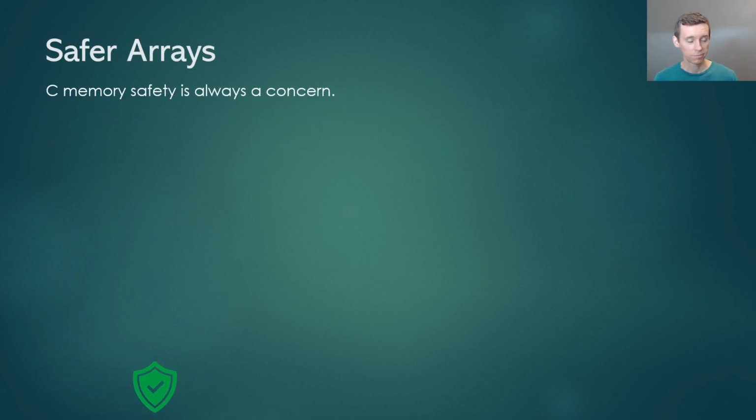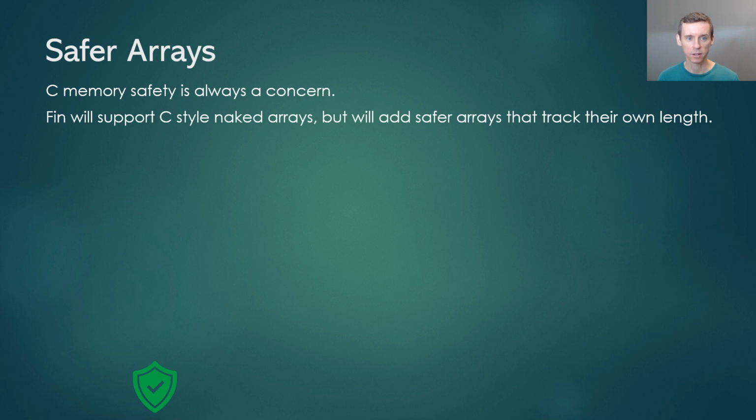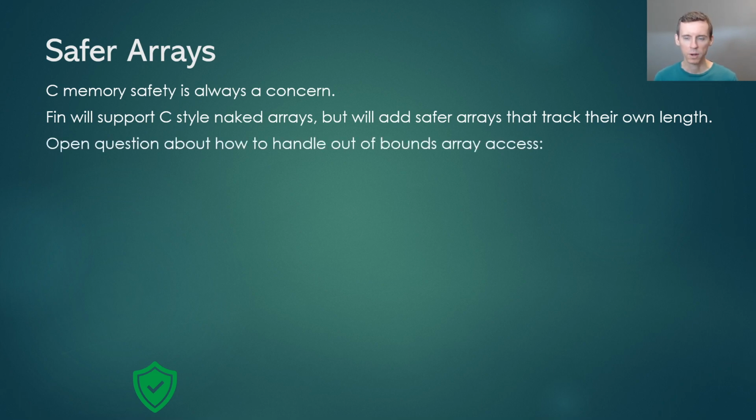Safer arrays. C memory safety, always a concern. Just like with strings, we're going to support C-style naked arrays, but we will add safer arrays that track their own length. There's some open questions there. One of them is, if we have a Fin array, it basically is going to bundle together a length, like how big the memory actually is, so we can do some safety there. But what size is that primitive that's tracking the array length?